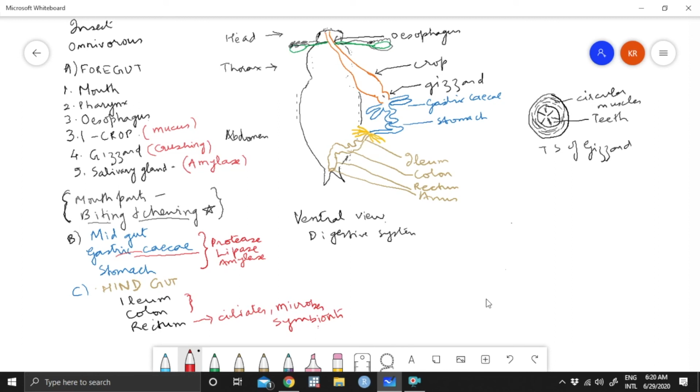Along with that, it is often mixed up with uric acid also, because that comes from the Malpighian body, which is shown in yellow over here, but which I have not labeled, and which should not be labeled when we are doing the digestive system, because it does not come in the digestive system, but I am showing it to you in the diagram. So this is the digestive system of the cockroach.